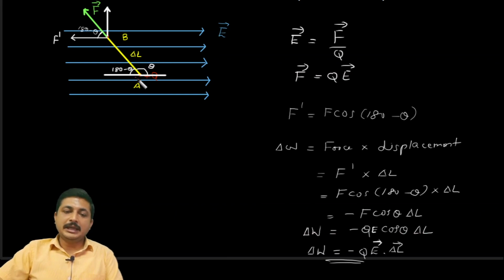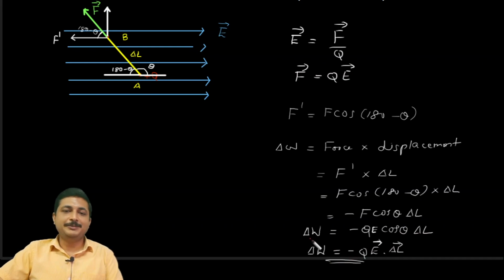Your energy is lost. If you are moving the other way, you will absorb energy from the field. Now this plus Q, the charge, is losing its energy when it is trying to move in this direction. The loss of energy is represented by a negative sign. That's why my work done becomes negative. So I have mathematically proved why this is coming as negative, and now you know theoretically how to infer why this is negative.